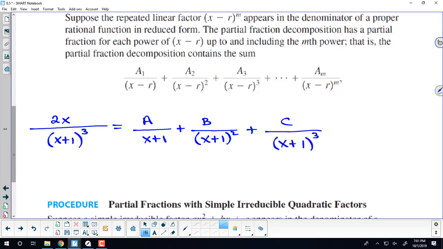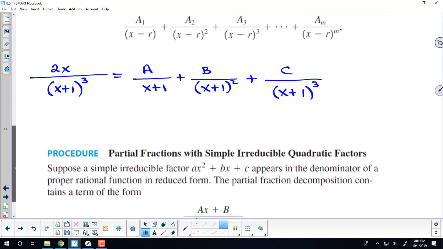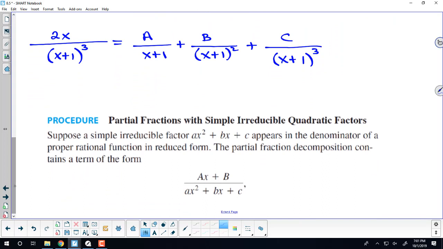So you have to account for all powers of that. Again, A, B, and C are constants that we have to solve for here.